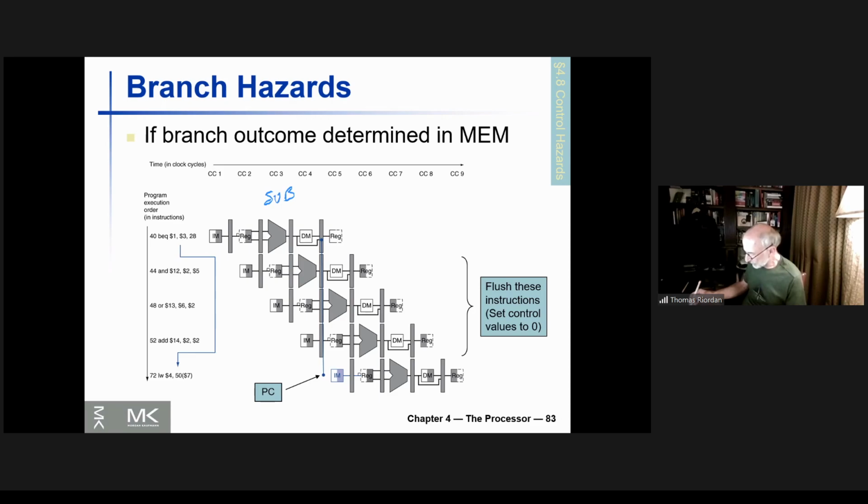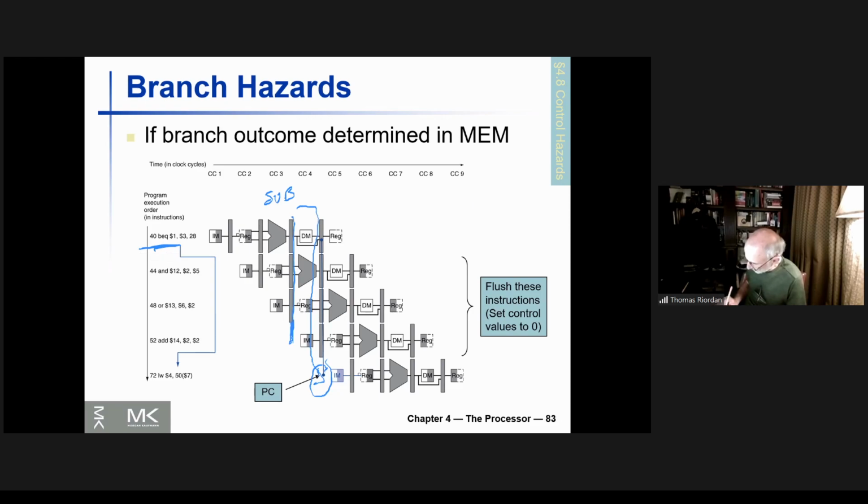And he's saying that I can't get the subtraction done fast enough and get a new value available for the program counter in this time. He says, I just can't get that done in time. So I'm basically going to have to wait one cycle before I can get a new program counter.